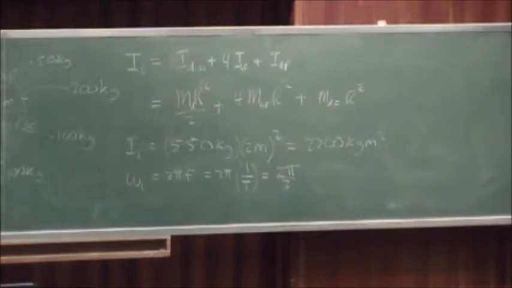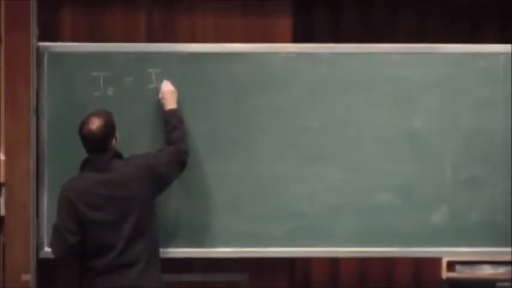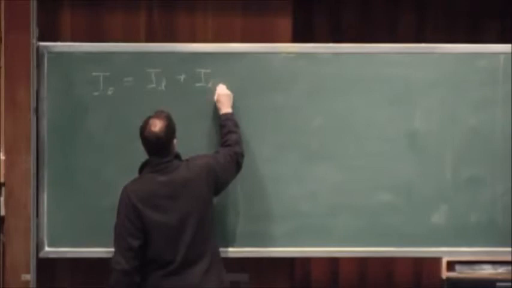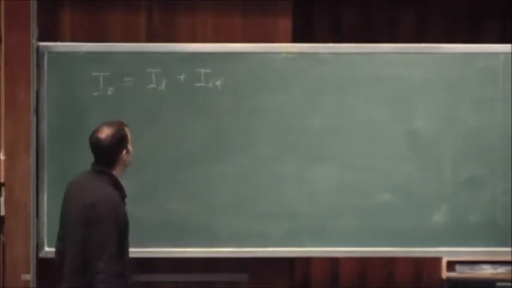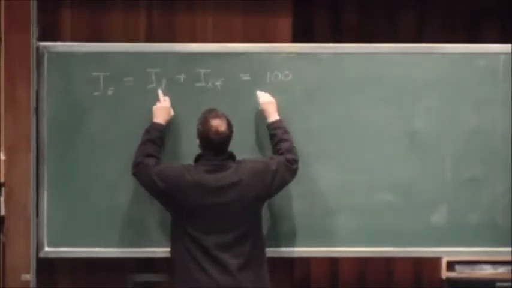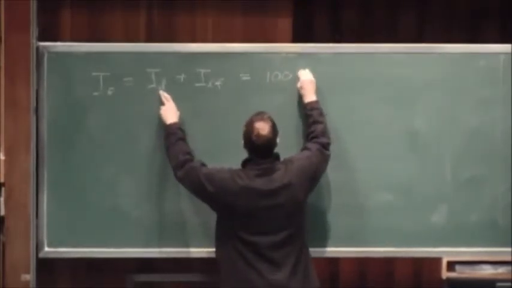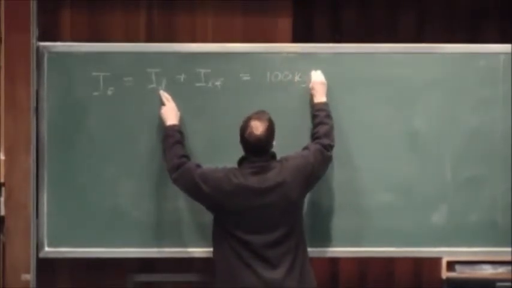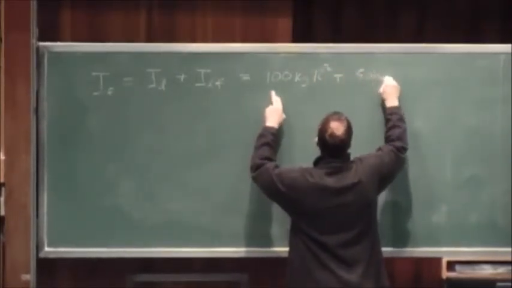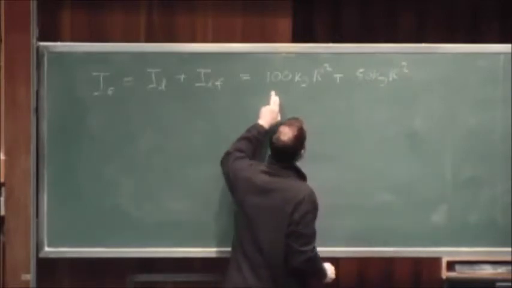So now I final is equal to the I times the disk, that stays the same, plus only the moment of inertia of the light friend. Right? So in the end, this gives us 100 times 100 kilograms times r squared plus 50 kilogram r squared.